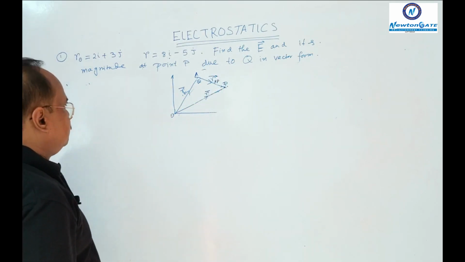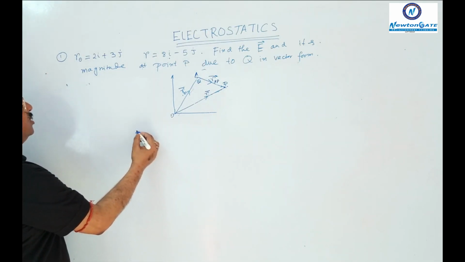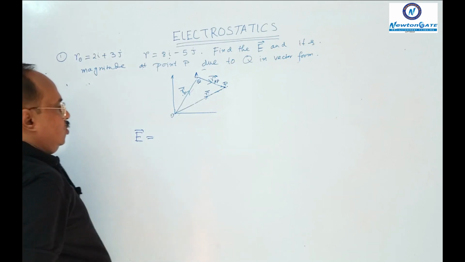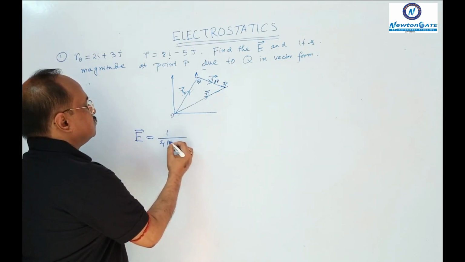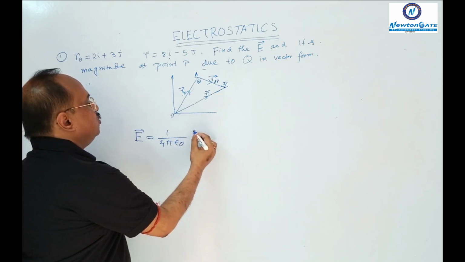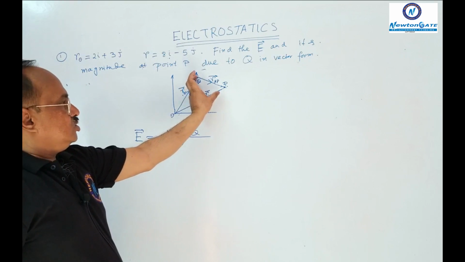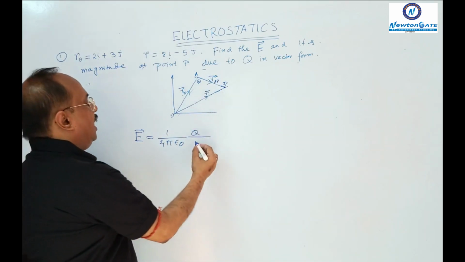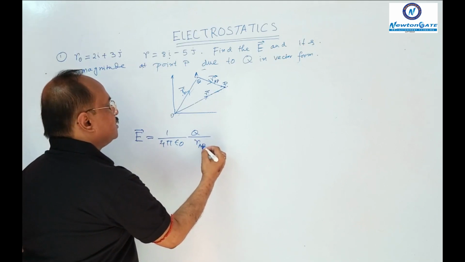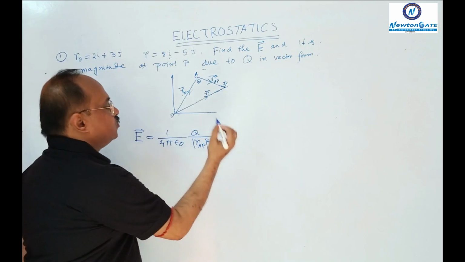For that, the formula is E is equal to 1 by 4 pi epsilon naught Q divided by this distance square. This distance is your vector RAP, and that is the magnitude of RAP, whole square.